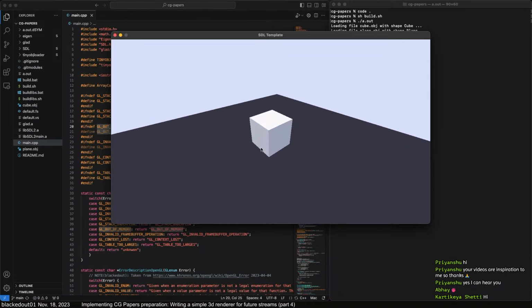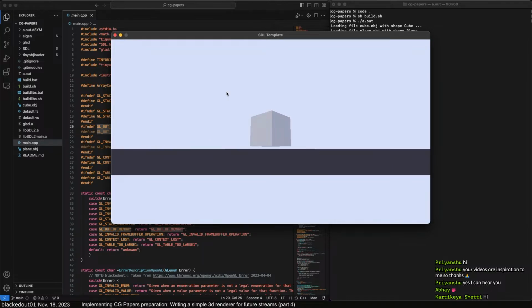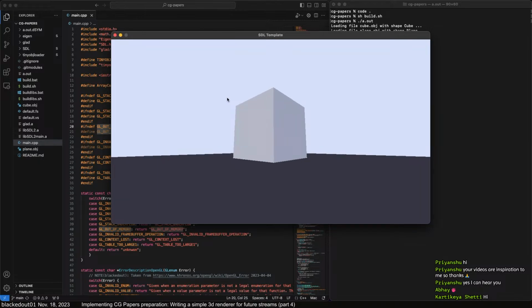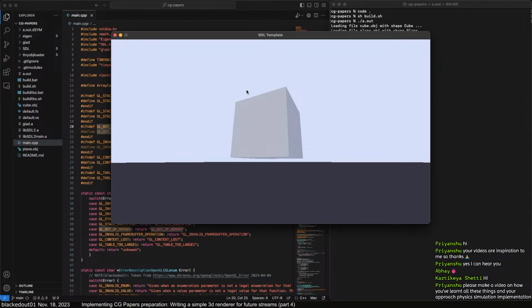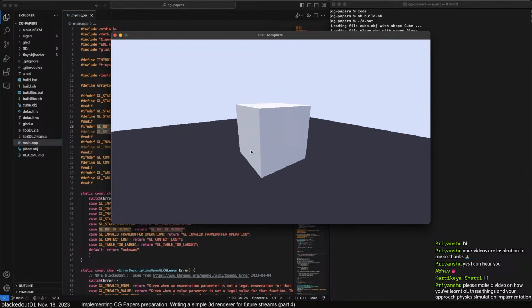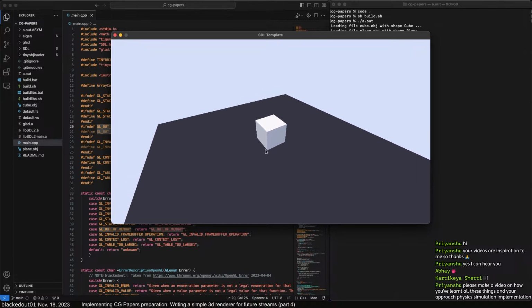So this is why I want to implement shadows today. So then you have a better idea where the objects are located. As you can see, the cube isn't actually located on the ground. It's slightly above, which is not very obvious when you look at this image here, I think.